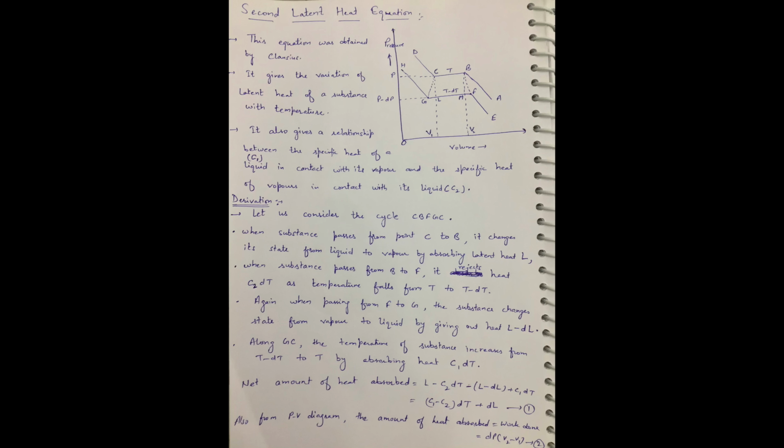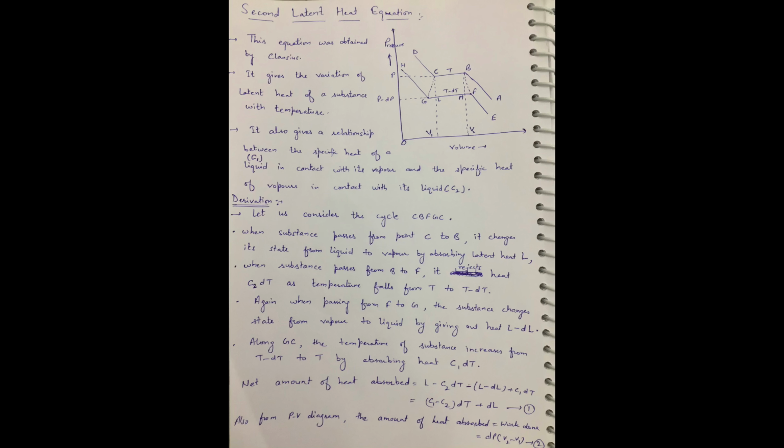From F to G heat given out, that is heat rejected by the substance, equal to L minus dL, and from G to C heat absorbed by the substance equal to C1 dt. So net amount of heat absorbed is equal to sum of all these heats.